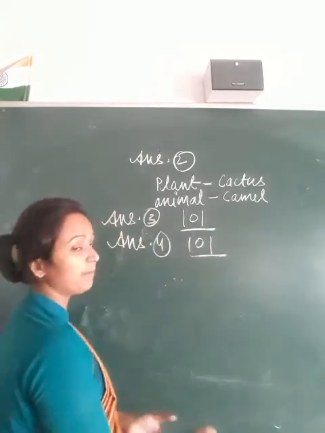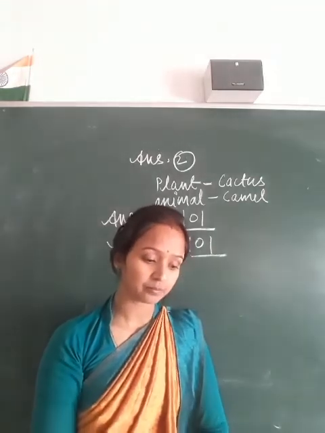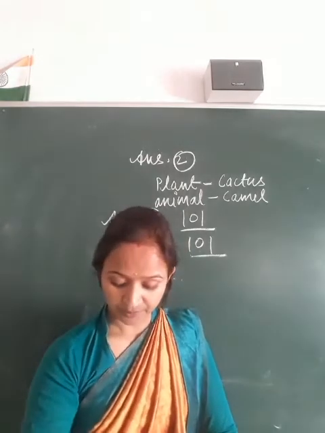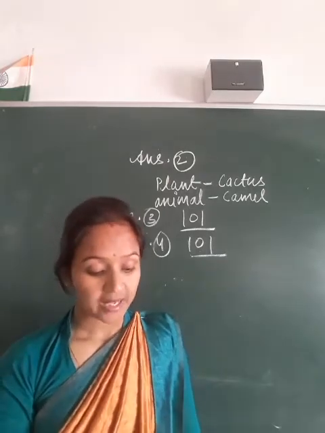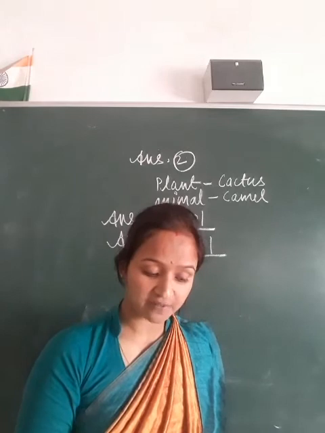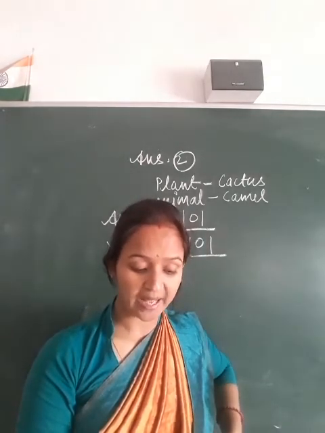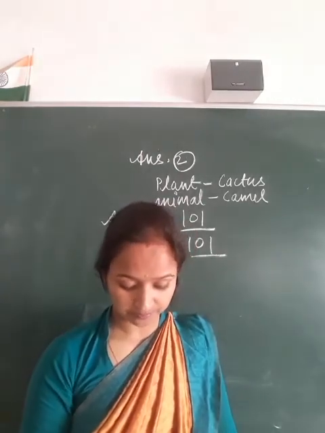Types of animals based on their habitat: aquatic, living in water like the fish; terrestrial, living on land like cow; amphibious, living both on land and in water as a frog, toad, etc.; arboreal, living on trees like squirrels, monkeys, etc.